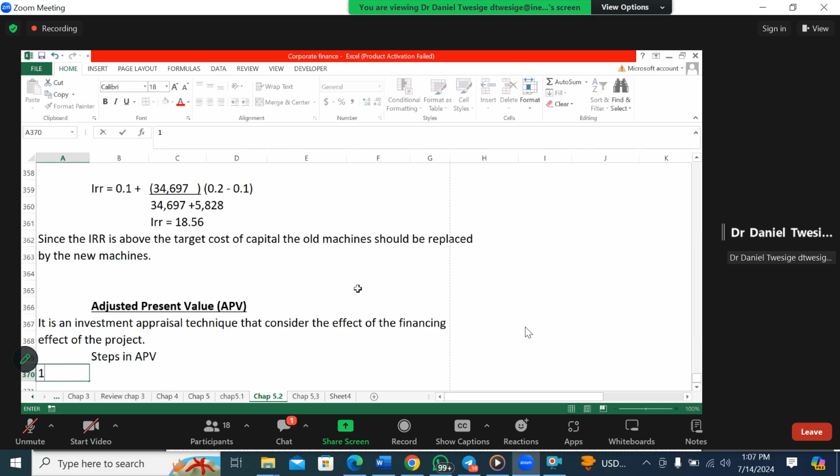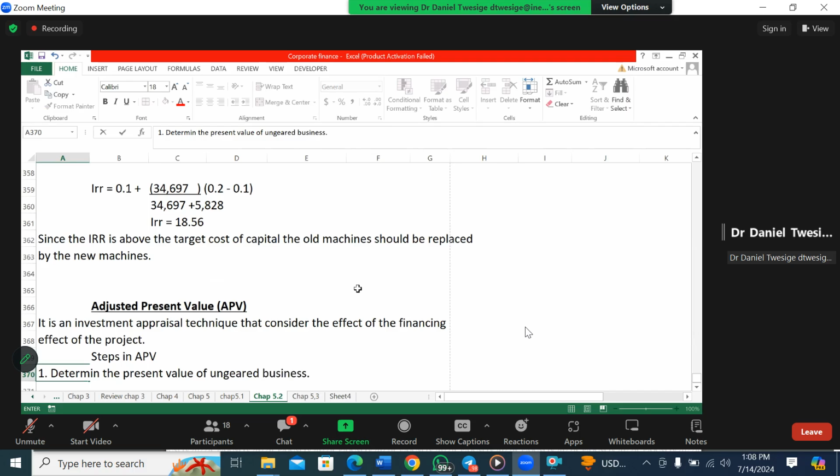The first step, or step number one, appraise the cash flows or determine the present value of an all-equity business.